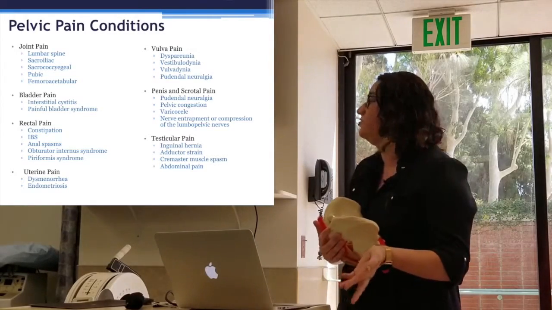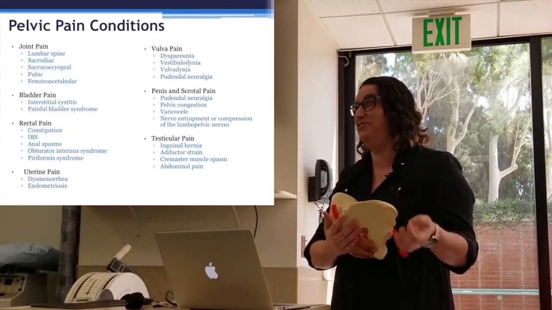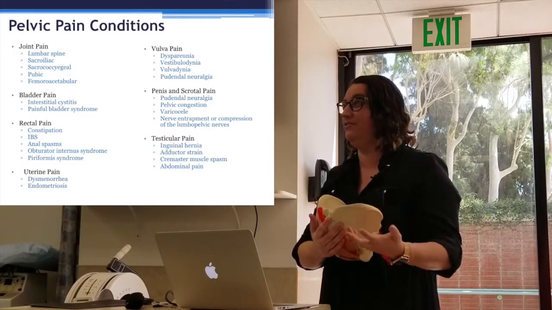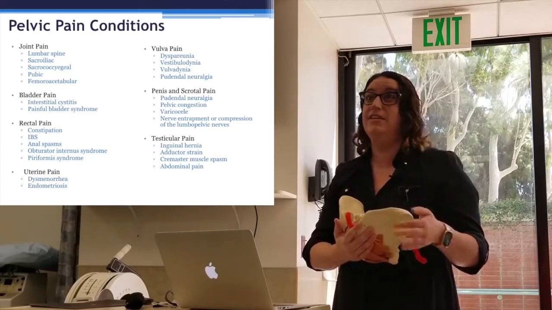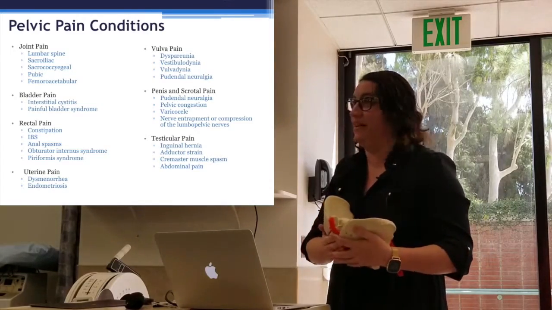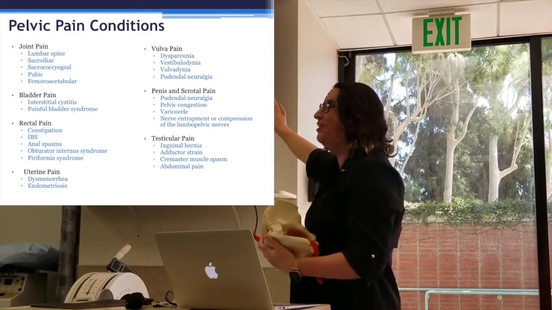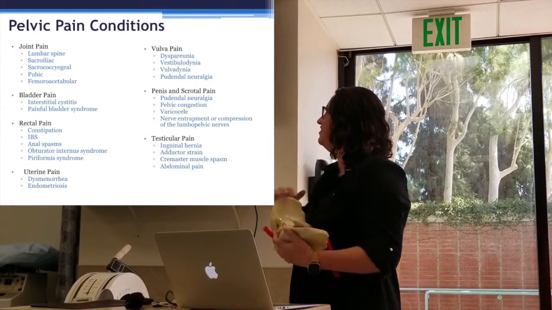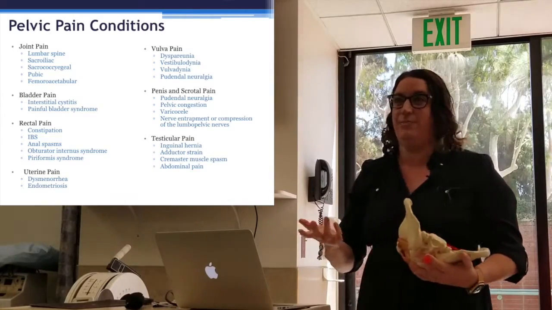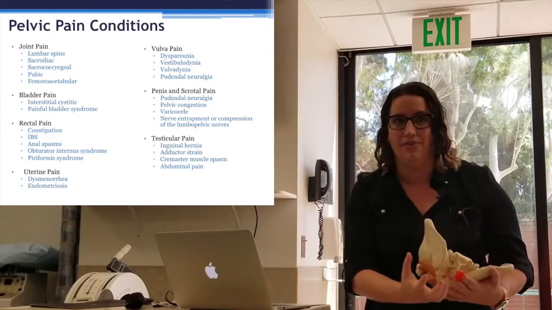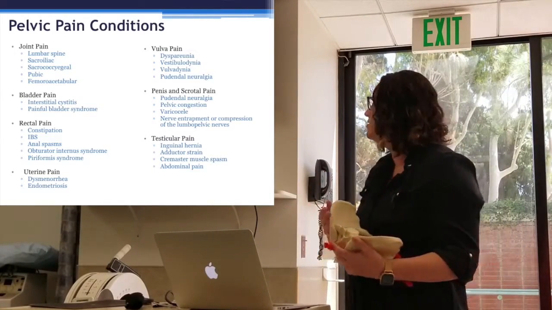And there's one condition called PGAD, which is persistent genital arousal disorder. These individuals feel like they're on the point of orgasm continuously, which sounds nice until that happens when you're in a board meeting. That is an unfortunate offshoot of pudendal neuralgia, and it's difficult to treat. But again, through physical therapy and through some orthopedic and pelvic floor things, we can potentially create some changes.